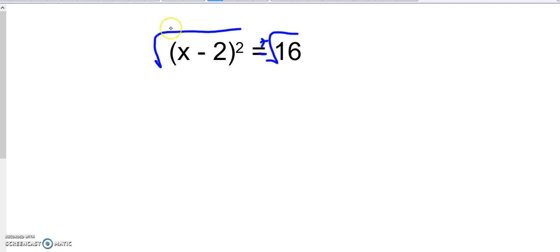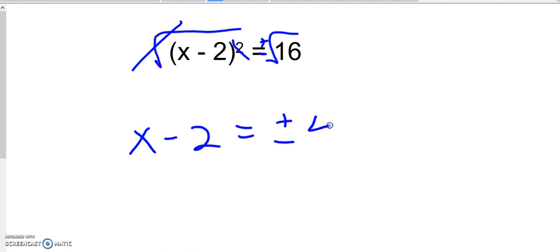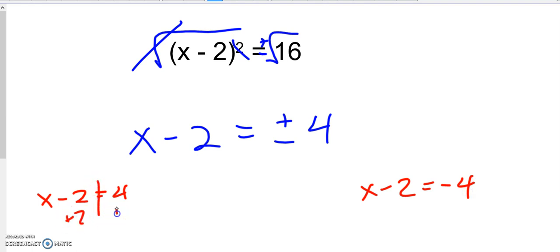Your square root and your square cancel, so you're left with x minus 2 equals plus or minus, and the square root of 16 is 4. So we actually have two cases. Case 1, x minus 2 equals positive 4, and case 2, x minus 2 equals negative 4. And then we just solve real quick.